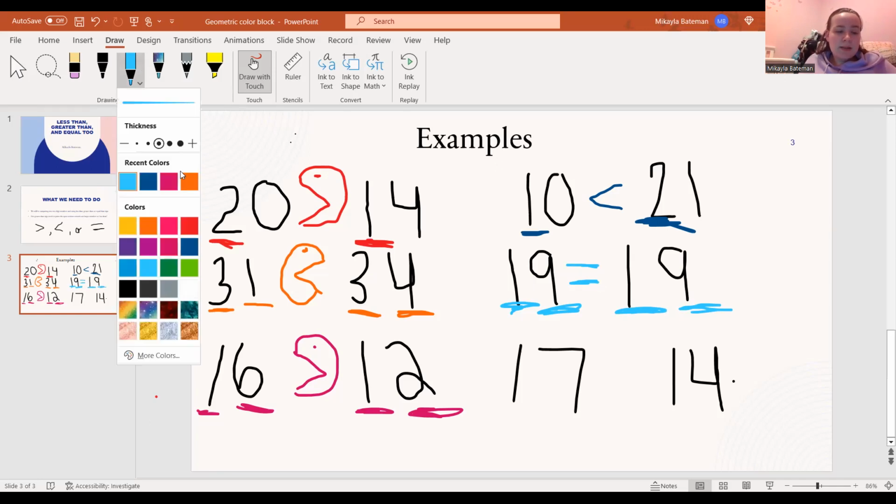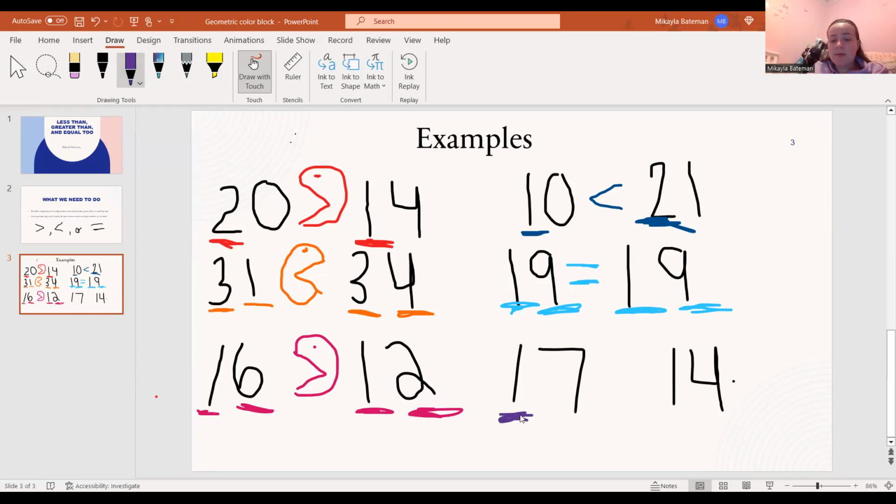And now our last example is 17 and 14. We look at the tens place. We have a 1 and we have a 1, so those are equal. Let's keep looking at the ones places. We have a 7 in the ones place, and we got a 4 in this one's place.